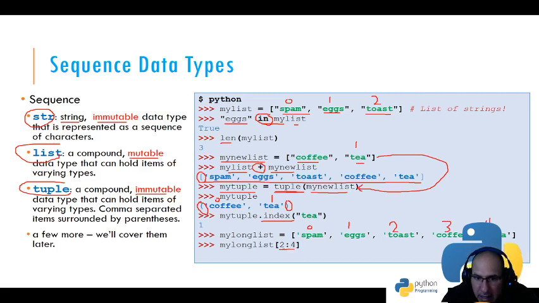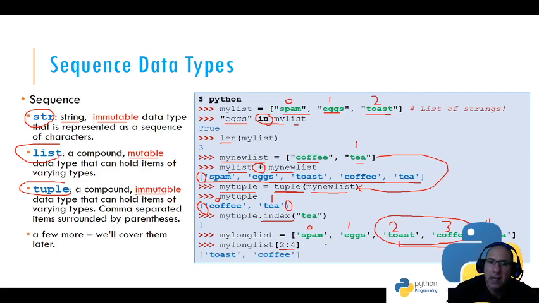The slice in here gives me the sublist that starts at position 2 and ends at position 4. So 4 would not be included, so this will give me this sublist.